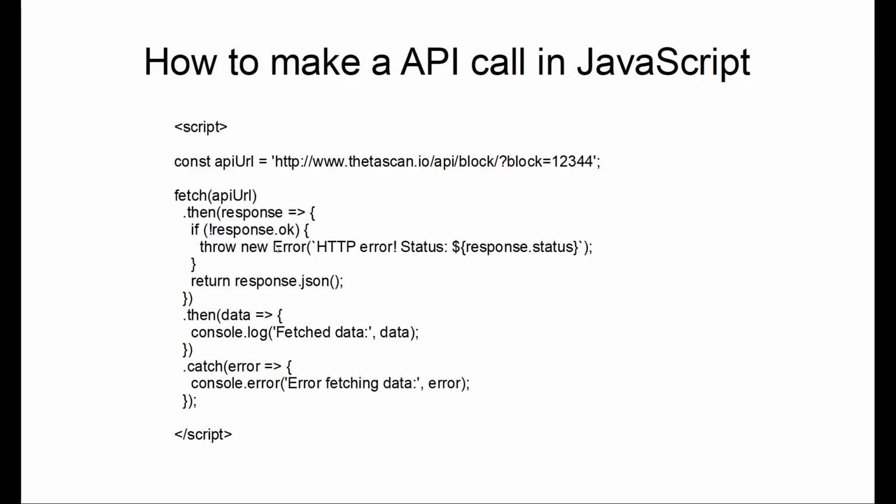And next up, we're going to take the data that we got from the response, and we are going to console log that we fetched that data. And if there's an error printing that data in the console log window, we are going to say what the error number is and what's wrong.